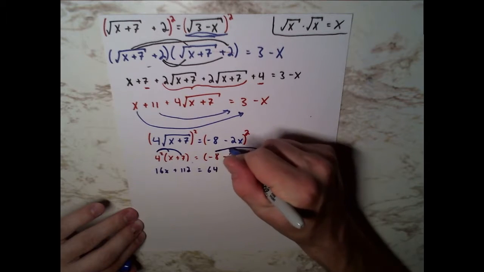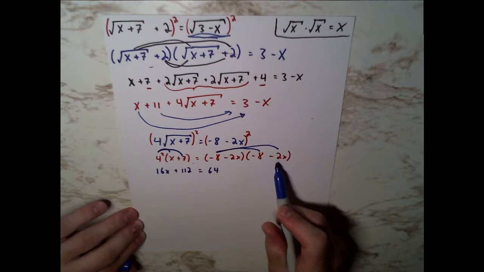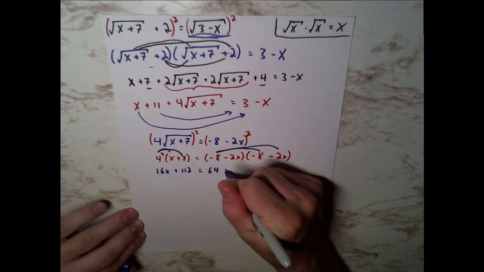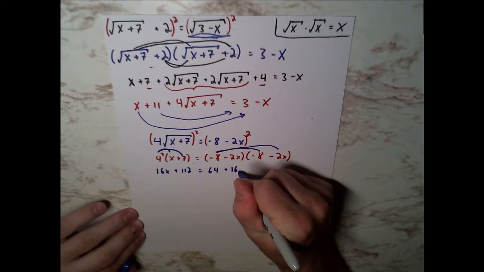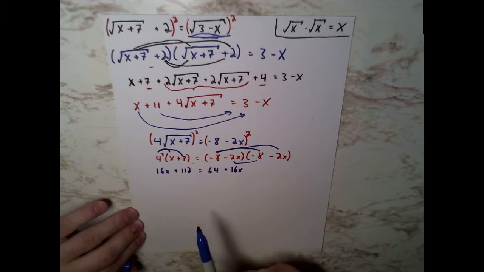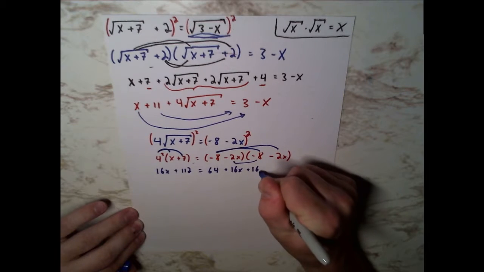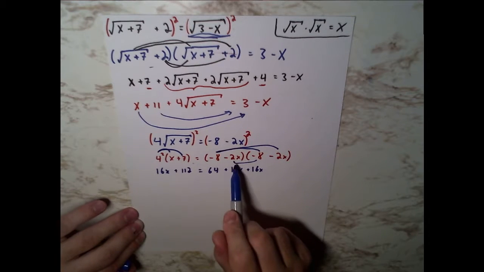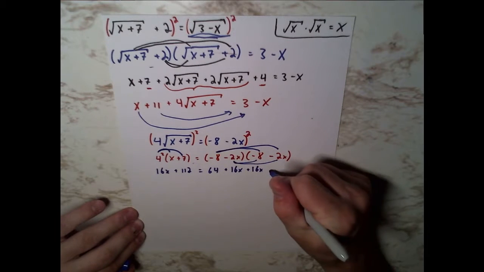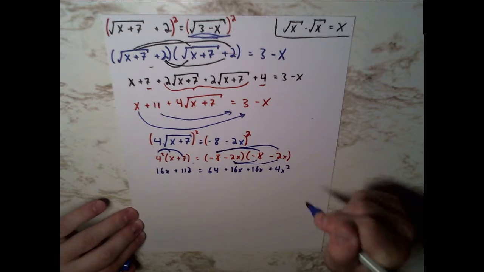Now our outside term is negative 8 times negative 2x, so that's going to give us positive 16x. Our inside term is negative 2x times negative 8, so that's positive 16x. And then our last term is negative 2x times negative 2x, so that's positive 4x squared.